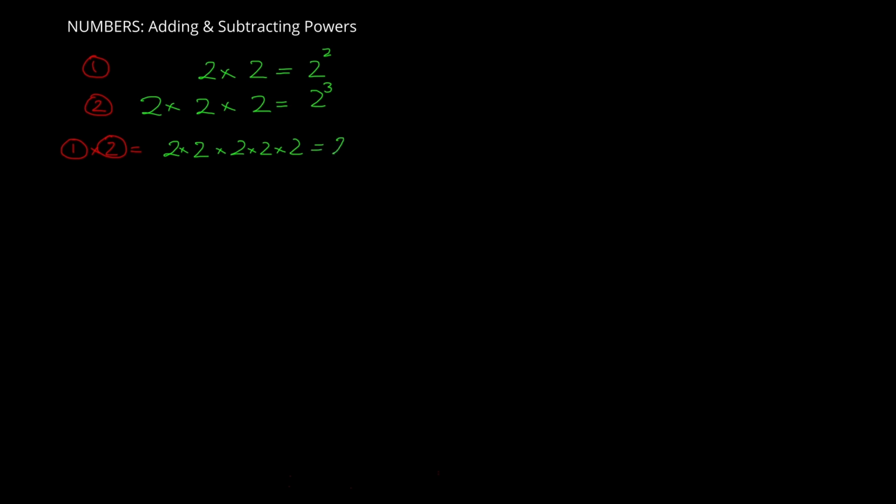You won't be surprised to find that can be written as 2 to the power 5. So instead of that great long line of 2's on the left-hand side of the equation, I can use our shorthand. And this is what we get. We get 2 squared multiplied by 2 cubed equals our answer of 2 to the 5th.